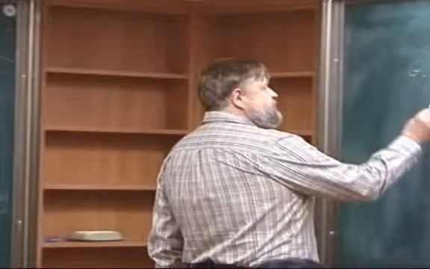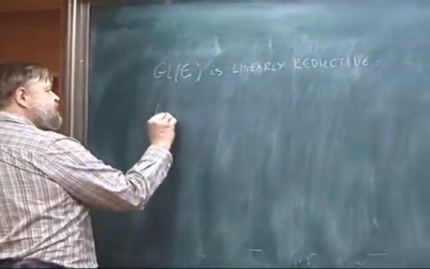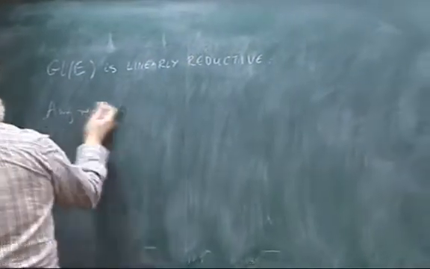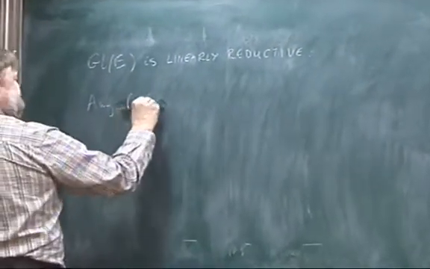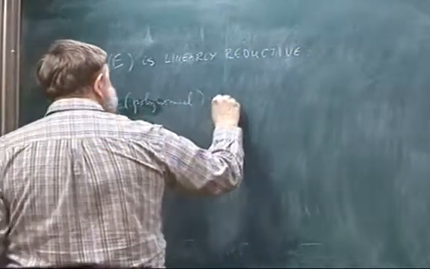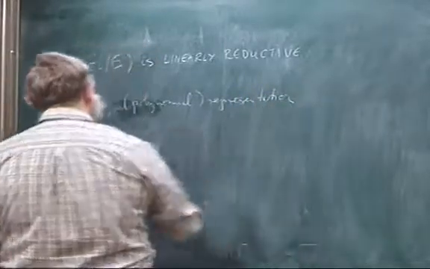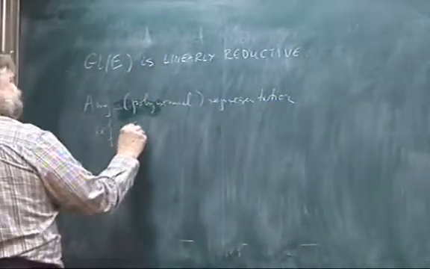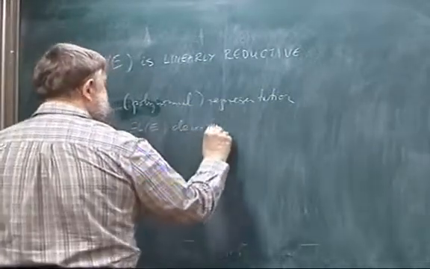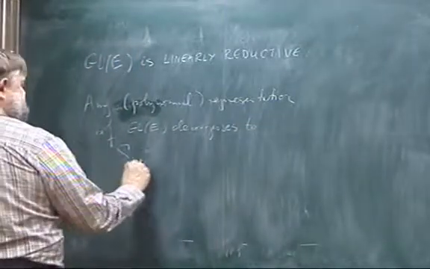So the fact that the group is linearly reductive means that any polynomial representation of GL(E) decomposes into S_lambda E's.